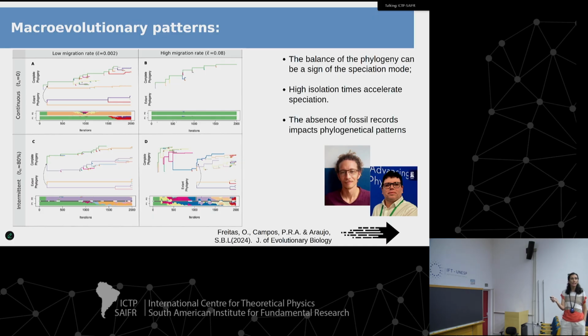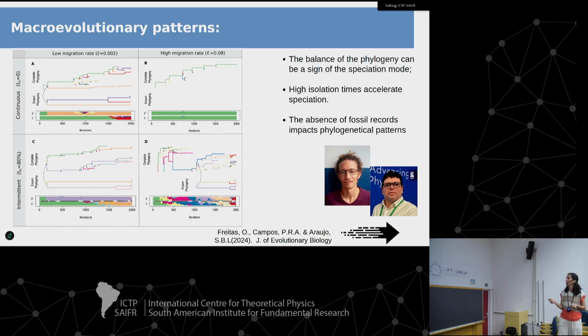Our idea is that in real data, you usually have just that one. We usually don't have fossil records; they are so few, so we lose the information about the extinction. Our question is: can we infer the process going on in the island by looking just at those phylogenies? Could they say, maybe migration is playing an important role here?